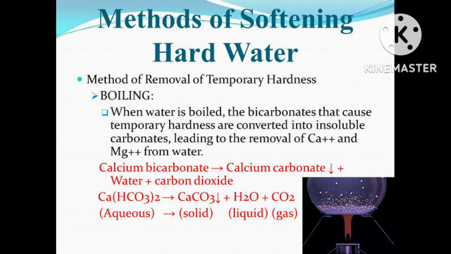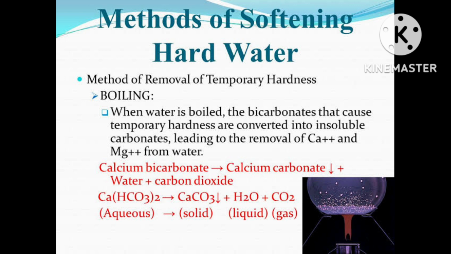Then two bonds will be formed because calcium can make two bonds. Two stearate anions will both attach to the calcium. In general, if capital M2 plus is the metal ion, meaning calcium or magnesium, it will form (C17H35COO)2M.